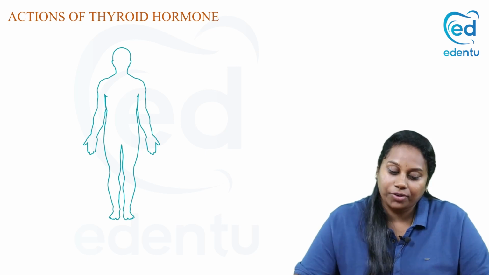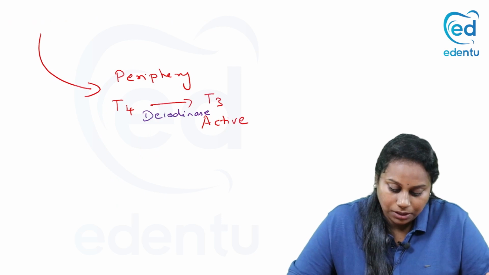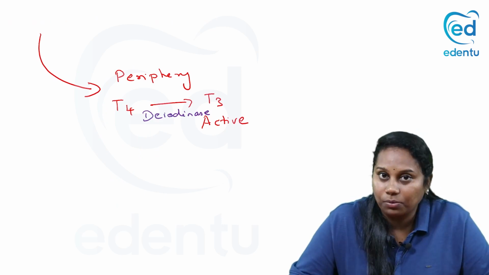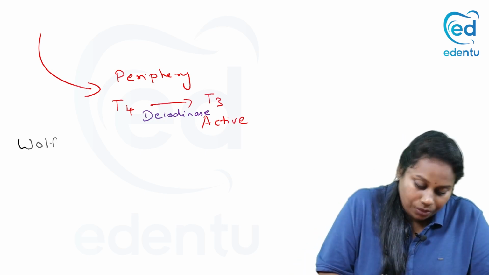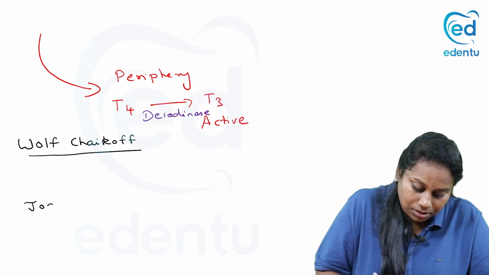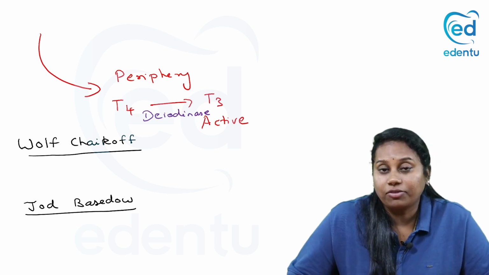Actions of thyroid hormone. So before learning about the actions of thyroid hormone, let me tell you about two important effects of thyroid hormones. They are called the Wolff-Chaikoff effect and the Jod-Basedow effect. So what is Wolff-Chaikoff and Jod-Basedow?